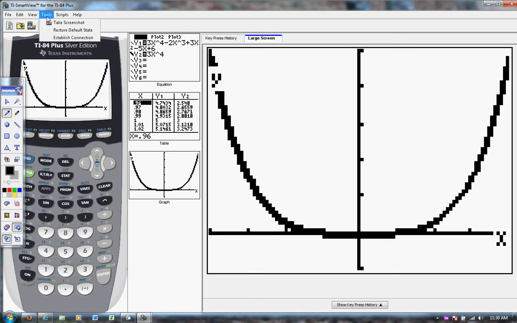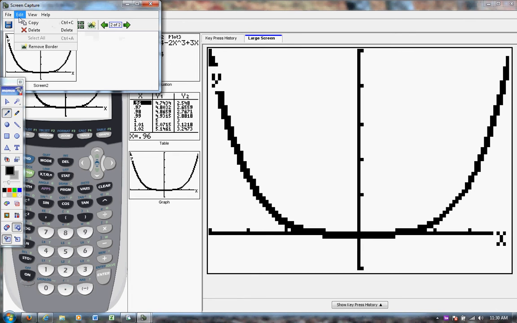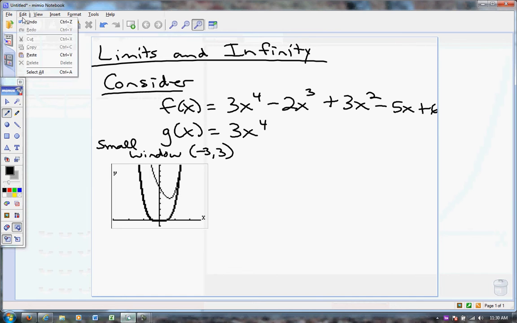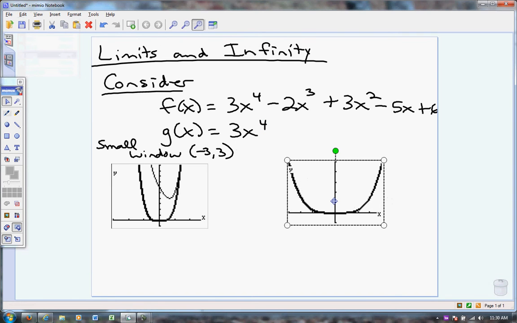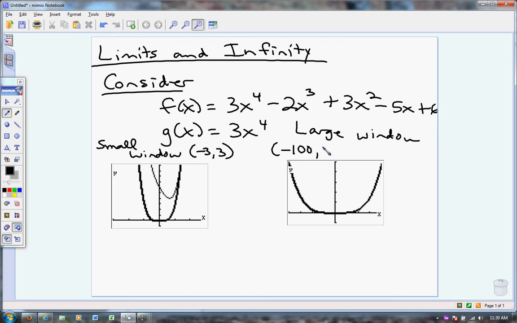All right? So I apologize that it took us so long to get there, but this is a large window. And on this one, we went -100,000 to +500,000.